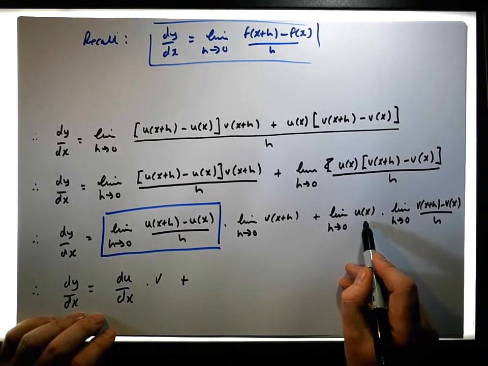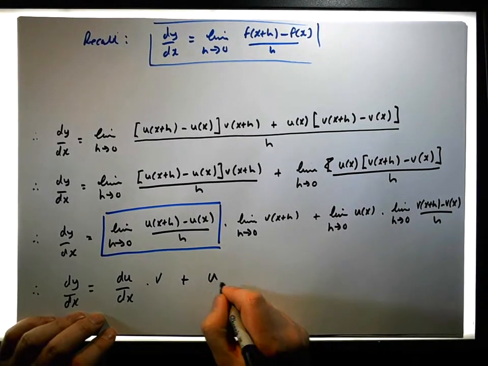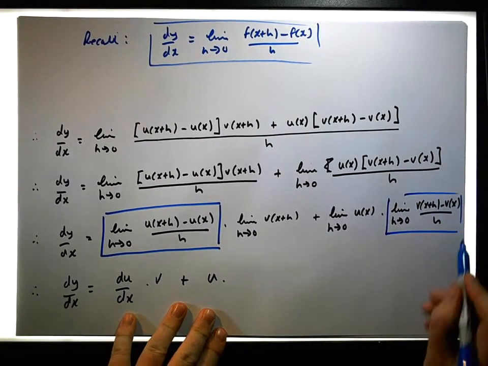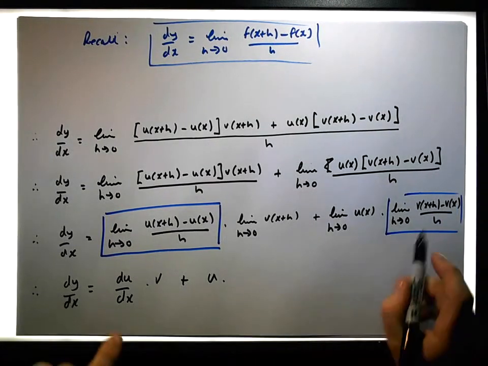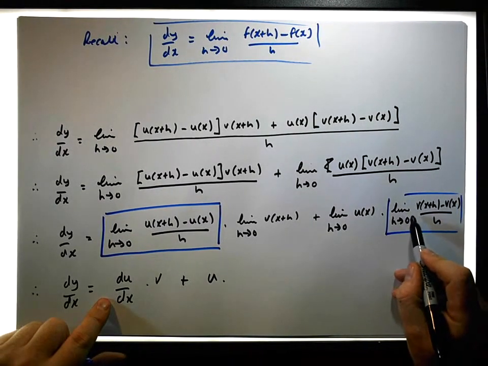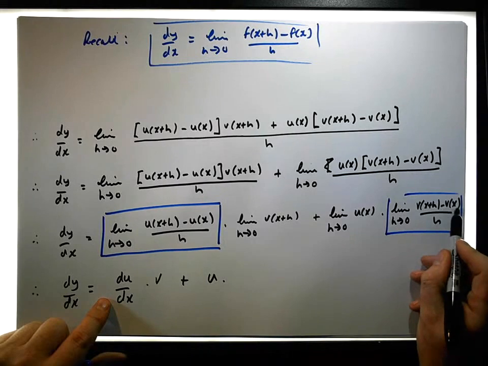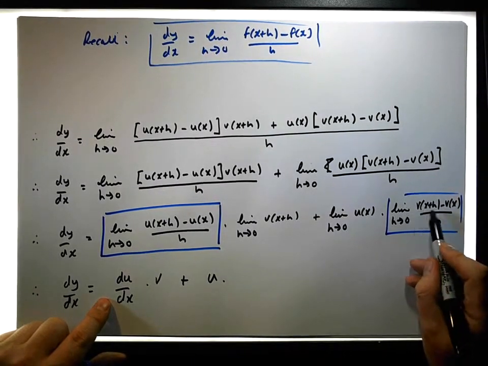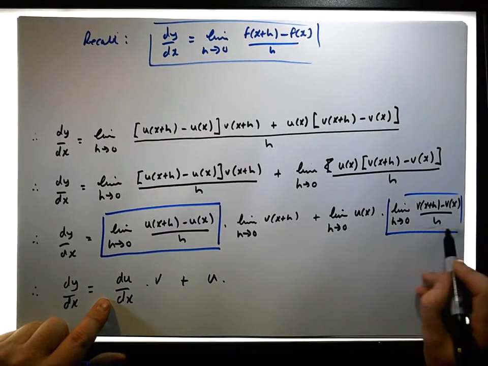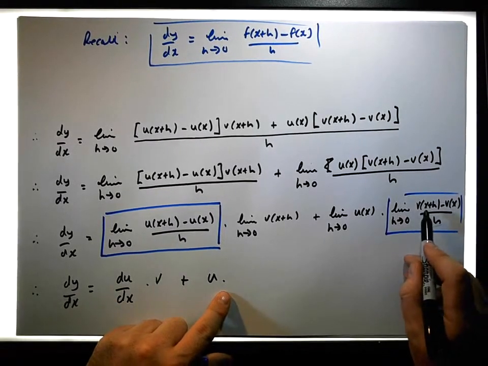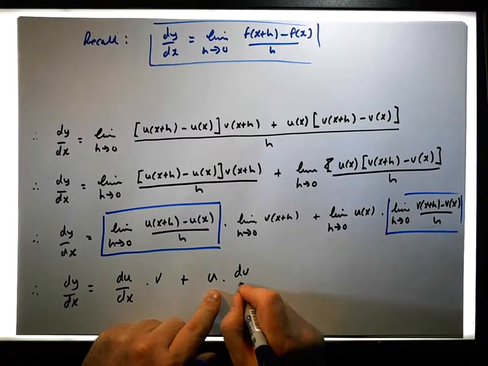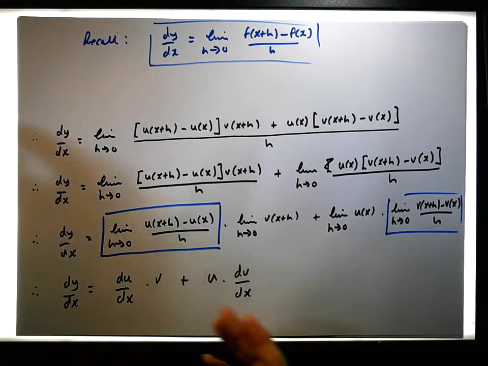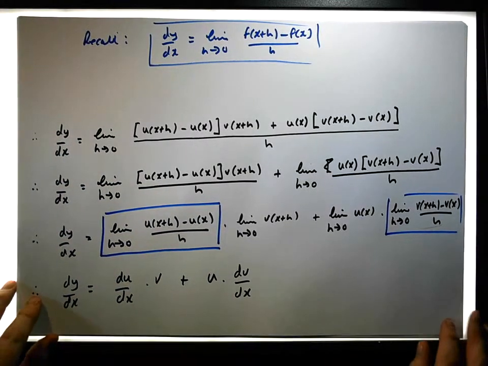So this just becomes u of x, times, once again, our definition of a derivative: the limit of v of x plus h minus v of x all over h as h tends to 0. So this is the derivative of v, dv dx.